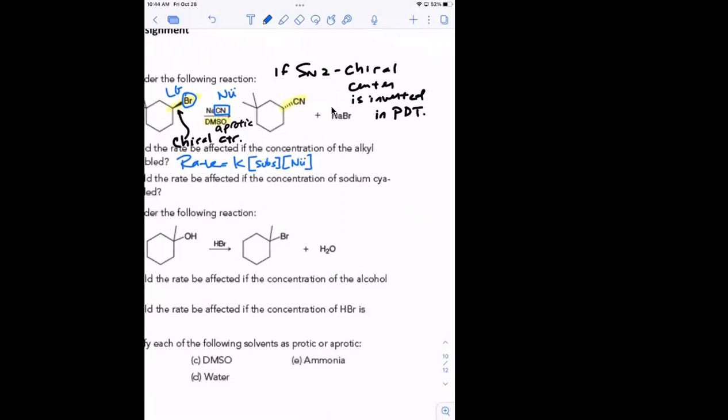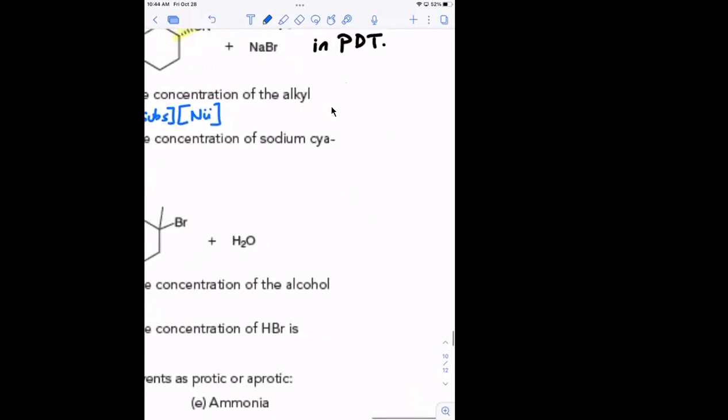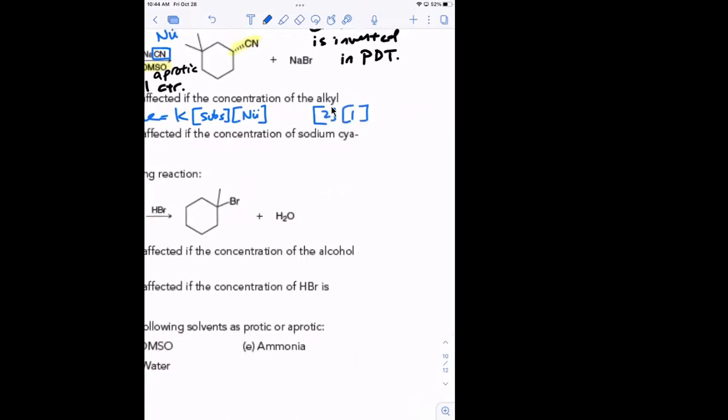Anybody on Zoom not seeing or not following that? In order to know how changing either one of the concentrations changes the reaction, you've got to know the rate law, and know that it's second order. That's what the 2 in SN2 means, bimolecular. So if it says what happens if I double the concentration of the substrate, I'll put a 2 here and a 1 here, so I don't change the nucleophile.